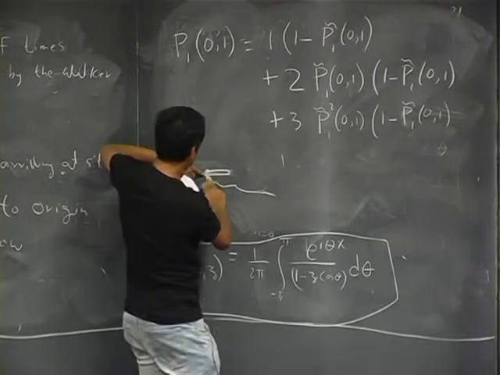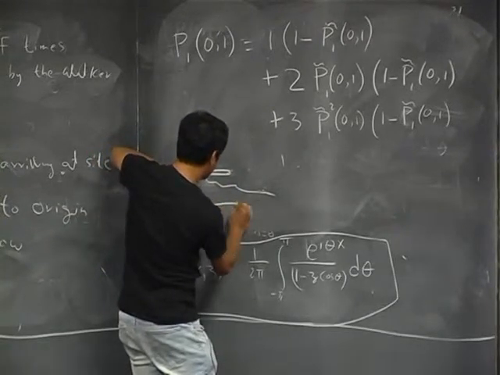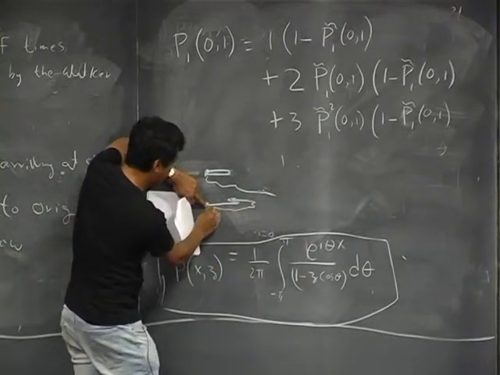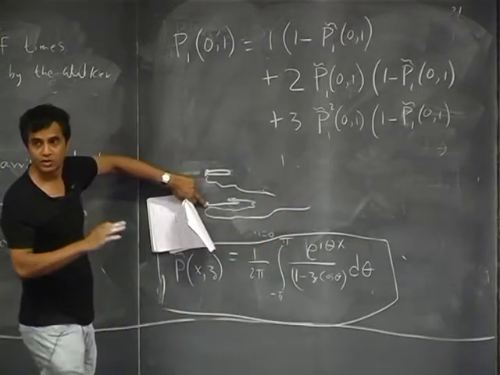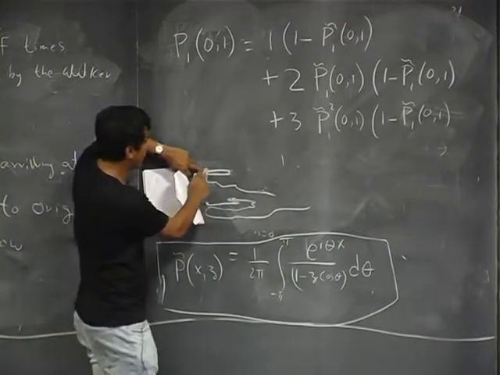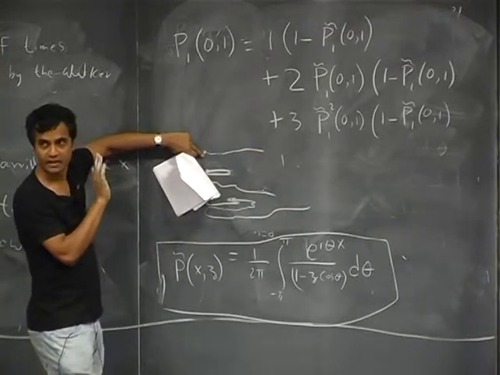Of course it need not be just after one step. It could take many steps, but come back exactly once and then never come back. So you look at all processes. There are some processes where it starts from the origin and never comes back. There are lots of processes like that.